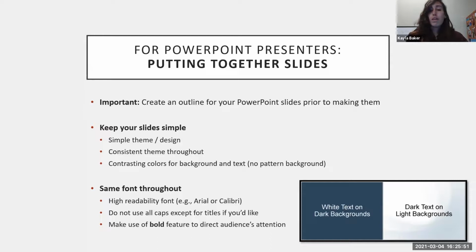Try not to use all caps except for in the title. So try to keep everything lowercase in your actual text, and use the bold feature. As you can see in my slides here, and I did this to show you as an example, use bold to draw the audience into what you want them to see.